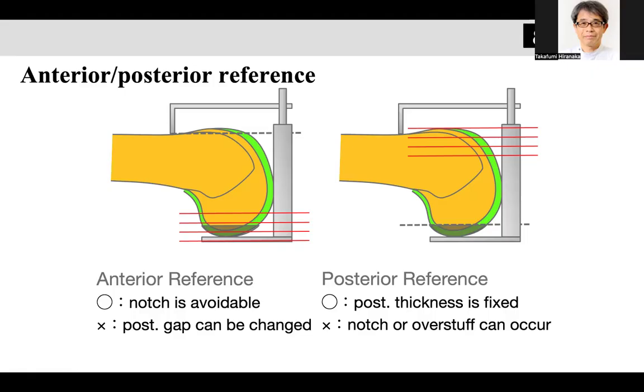So again, even if the indicator shows between 3 and 4, you can adjust to either 3 or 4. In this situation, you can cut the posterior condyle at the same thickness as the component. Do you understand? Yes. Okay.